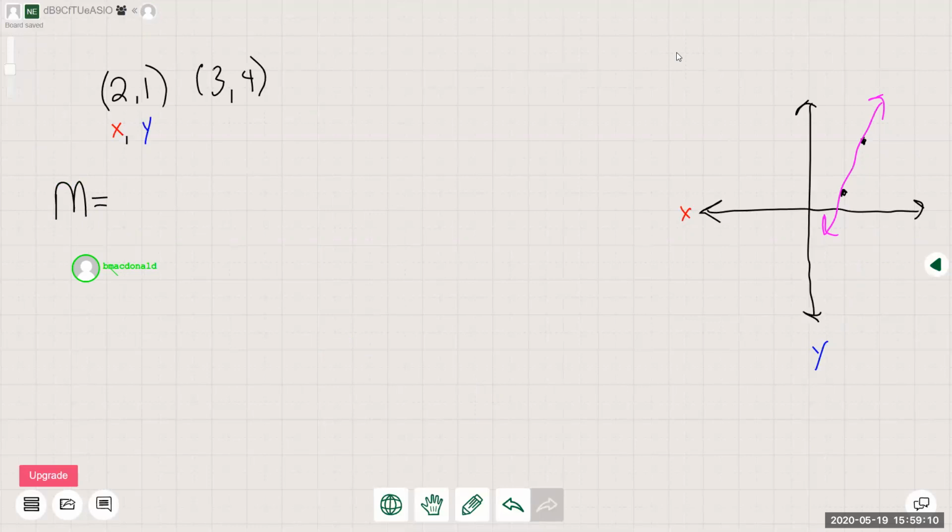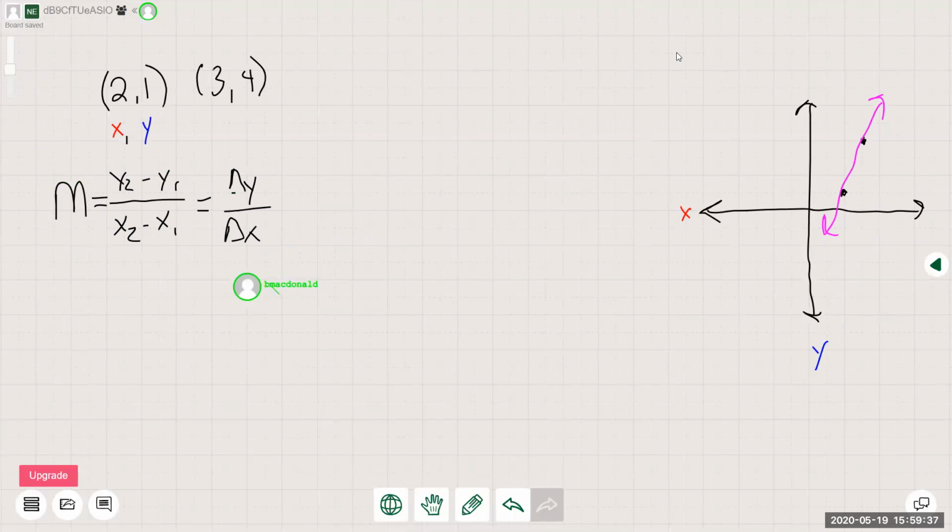So m equals y2 minus y1 over x2 minus x1. This is very similar to how we did rise over run, except now we have a mathematical equation for it. It's essentially the change in y over the change in x.